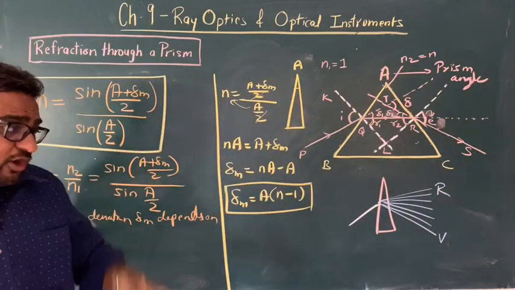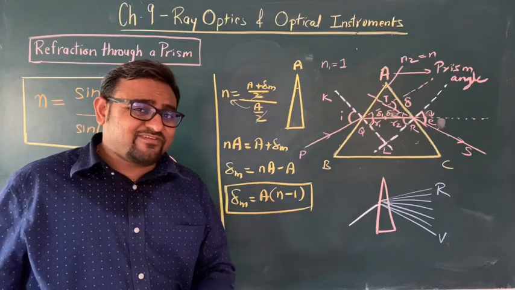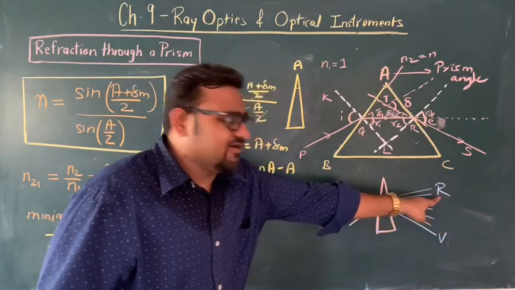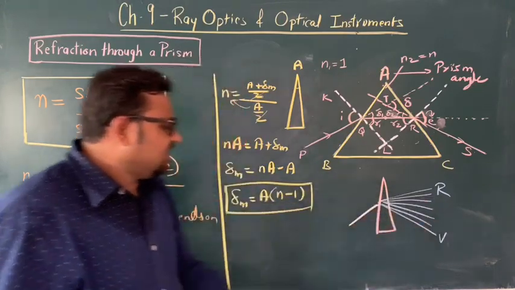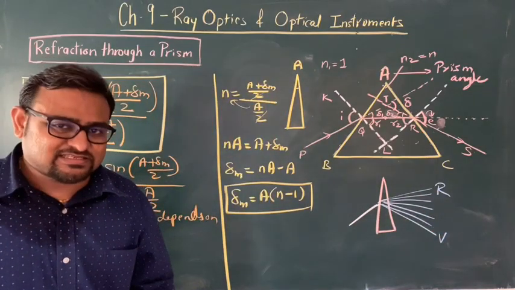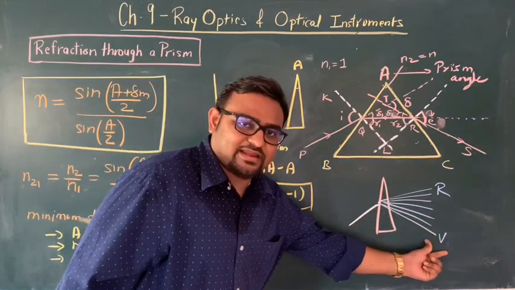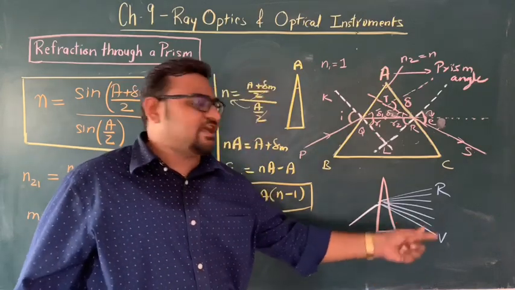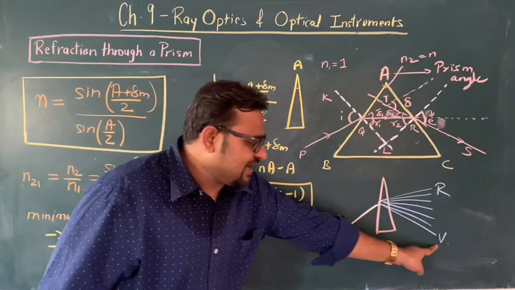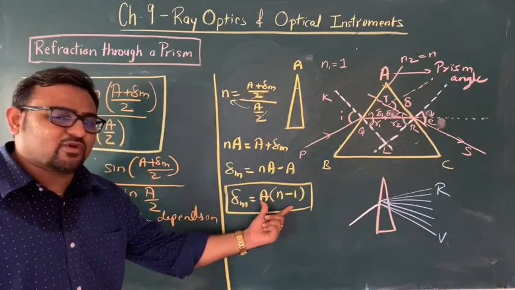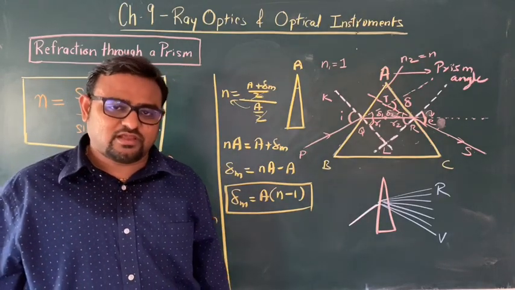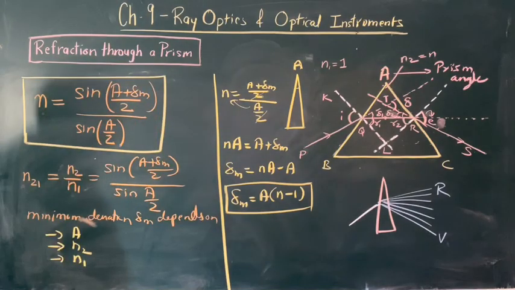See, what you observe, which light has deviated maximum? Violet light, and minimum red light. This is because the refractive index of red light is very less compared to violet light. Relatively, the refractive index of red light is less, so it deviated less. And for violet, it is higher. So using this formula, we can say there will be higher deviation. Clear? So just note down this.